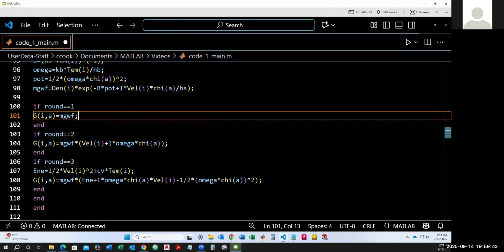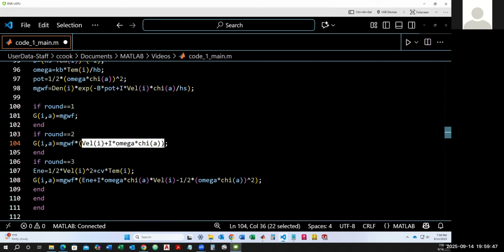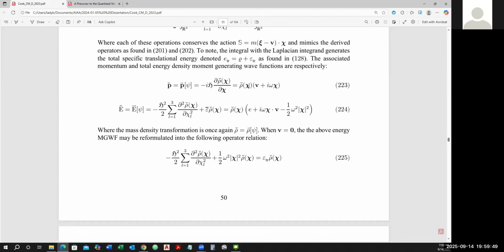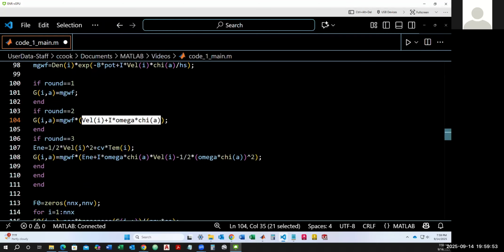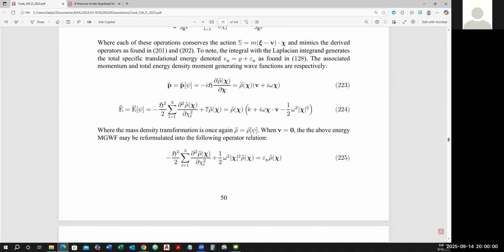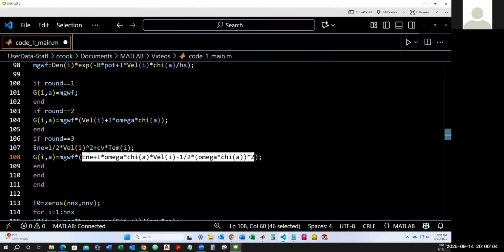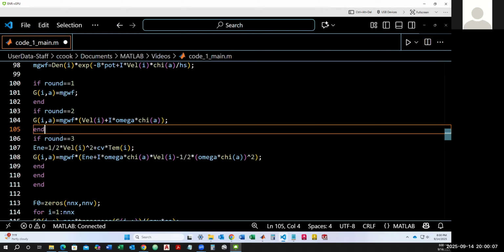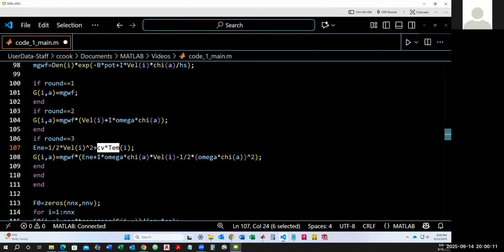Round 2, set it equal to the moment generating wave function times this stuff, which is this stuff. Now for the energy, this stuff is this stuff. And our total energy is 1/2 E squared plus CVT. So this is only applicable for the perfect gas model when our internal energy is equal to CVT.